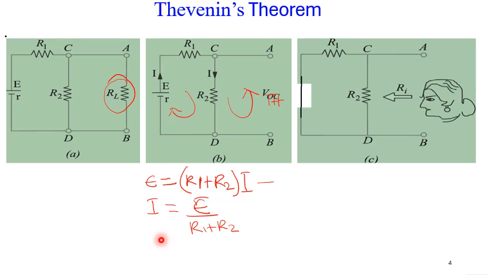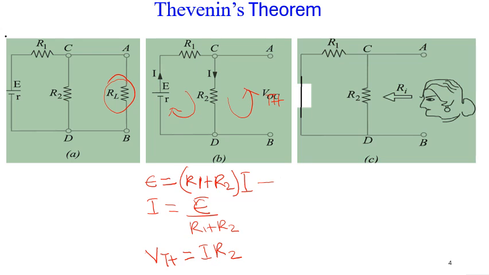So our VTH here, which we are treating as a voltage source, is equal to I times R2. So if we know the value of R2, we can simply find VTH here. So basically that is how we find VTH. We just apply KVL after removing the resistor to find VTH.